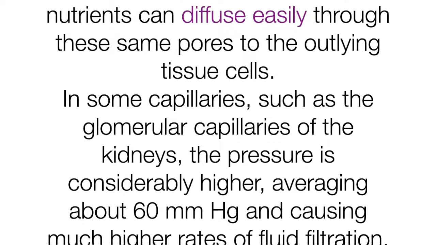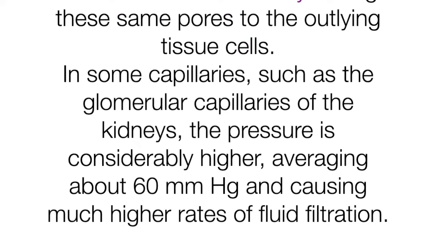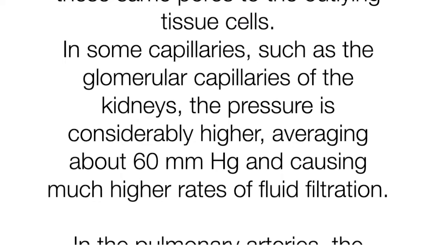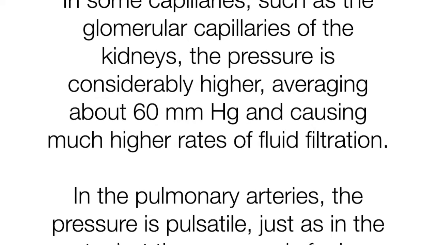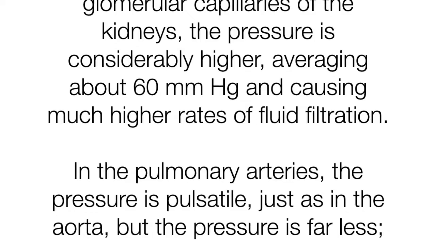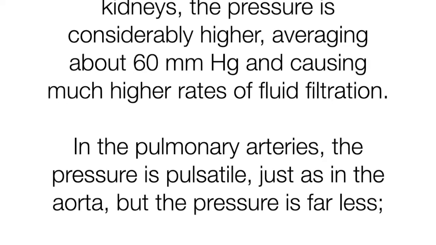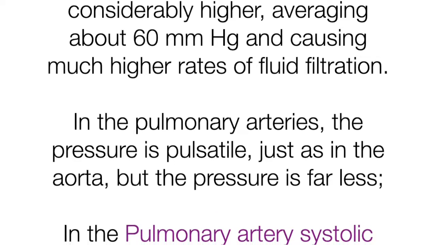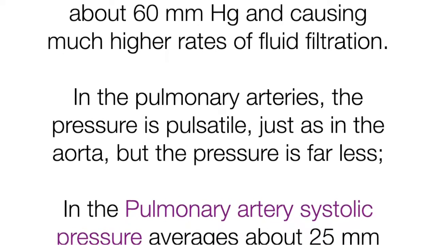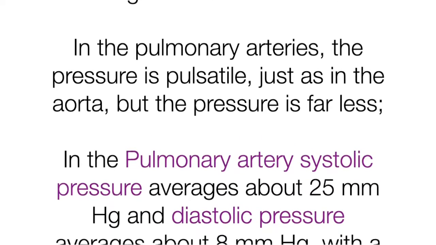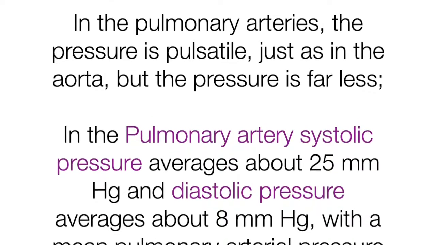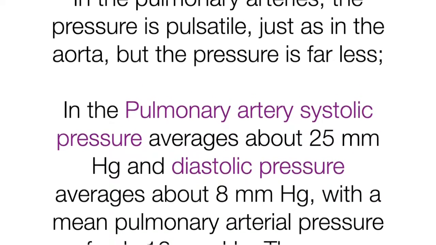In some capillaries, such as the glomerular capillaries of the kidneys, the pressure is considerably higher, averaging about 60 mm and causing much higher rates of fluid filtration. In the pulmonary arteries, the pressure is pulsatile, just as in the aorta, but the pressure is far less.